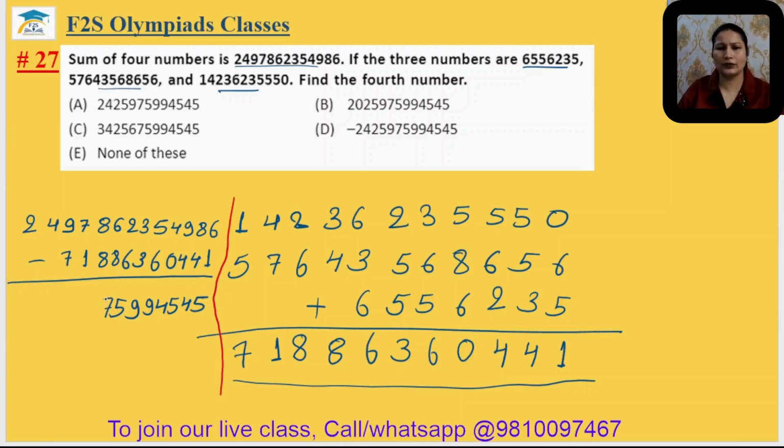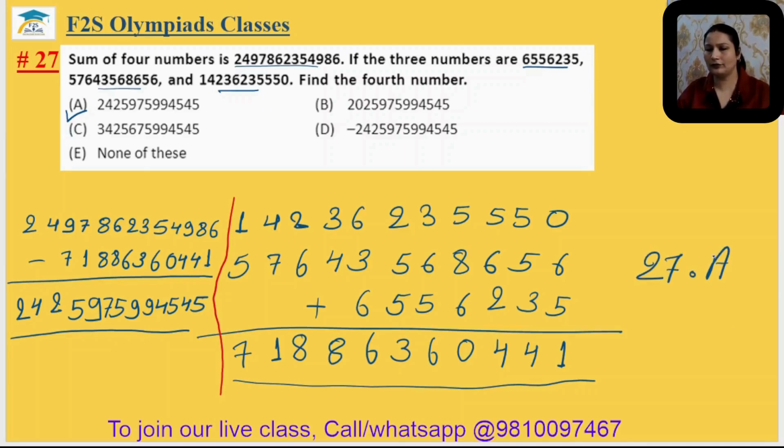Now your 6 minus 1, 5. This is available as 242, 597, 599, 4545 in option A. So 27th answer is option A.